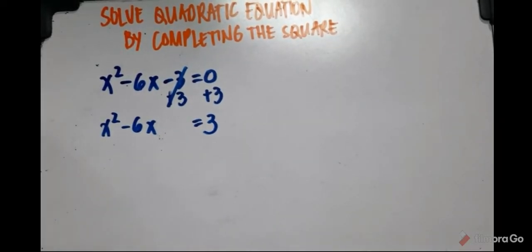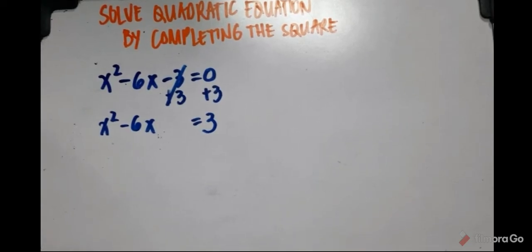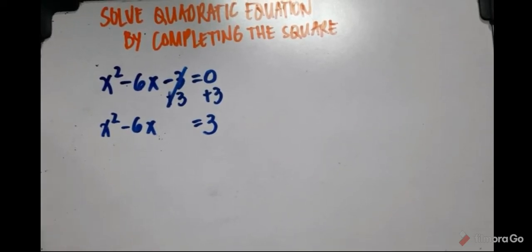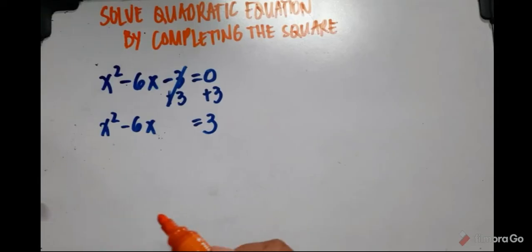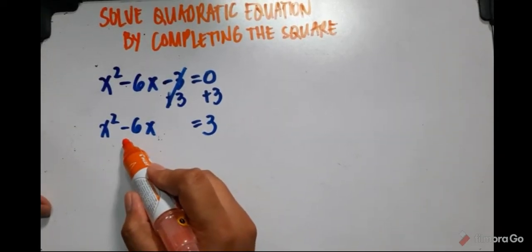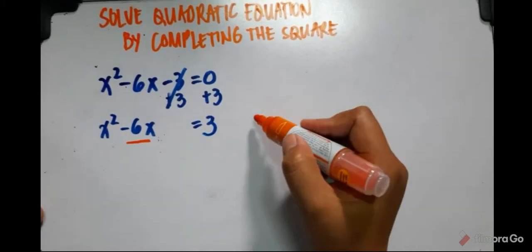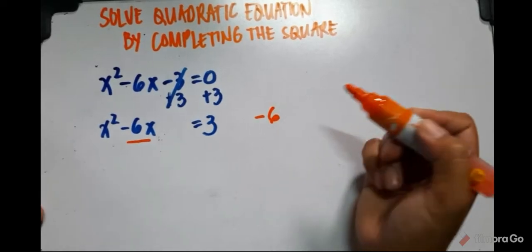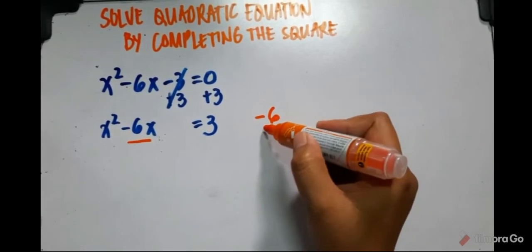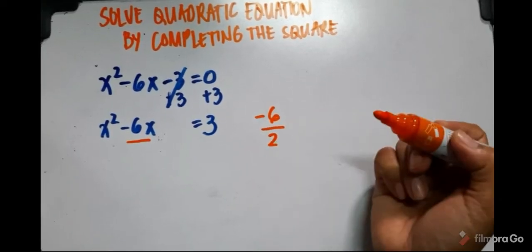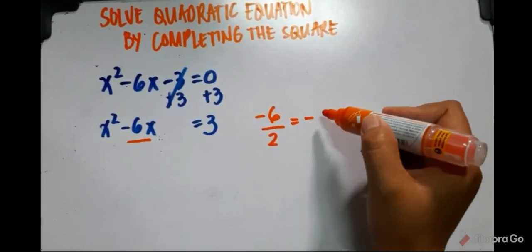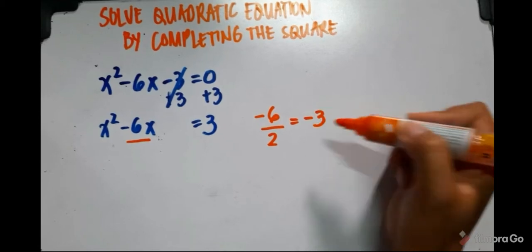Second step is for us to make the left-hand side of the equation a perfect square trinomial. And to do that, we need to take the second term's numerical coefficient. So that is negative 6, divided by 2. So the answer is negative 3.